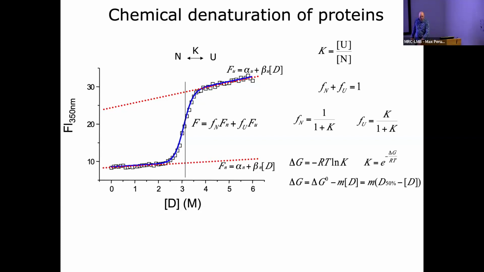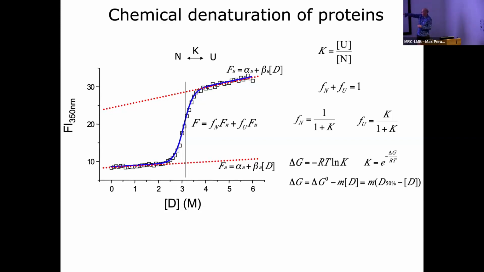But of course, you need to have, and then we can rearrange that, it's an exponential function. And people have found that there's a linear relationship between the standard free energy and the denaturant concentration, with this M value here. So when you've got an equilibrium, when everything is 50-50, that's a K value of 1, natural log of 1 is 0.